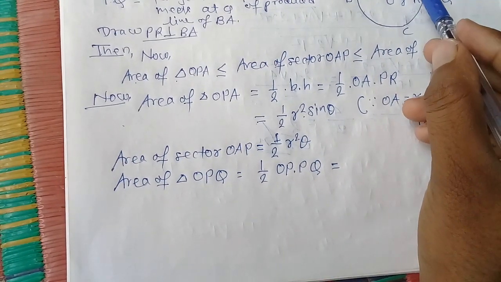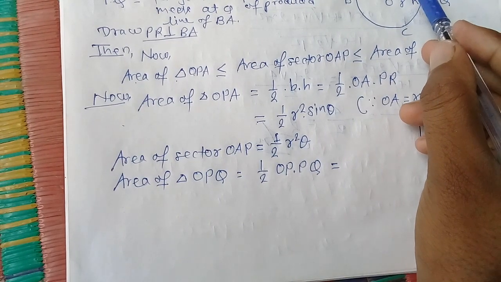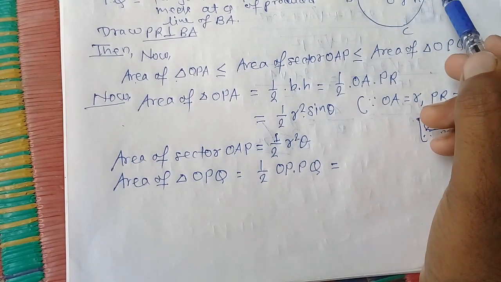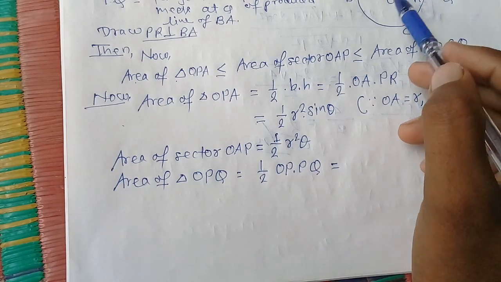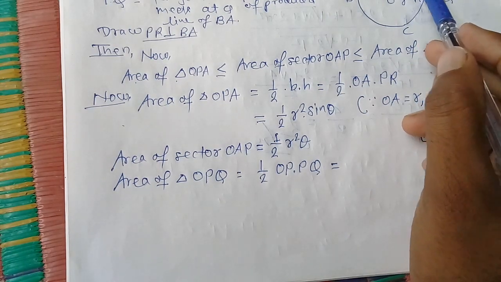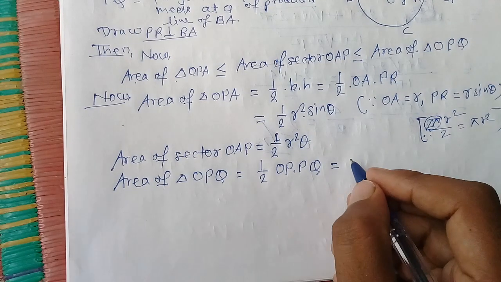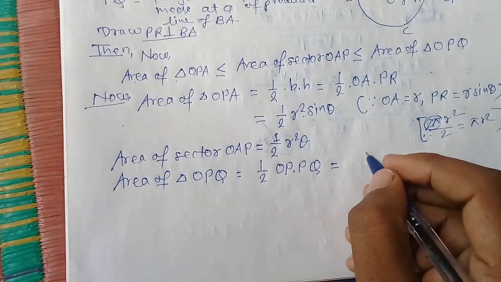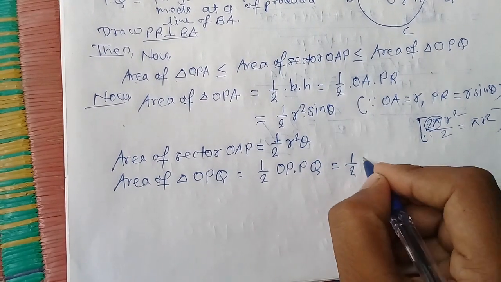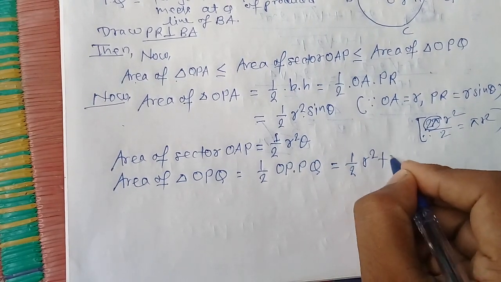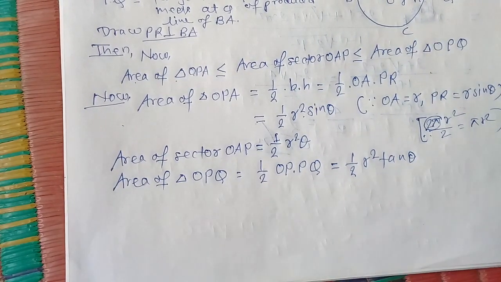OP is perpendicular, and the base is PQ, that is half into base into perpendicular. So the area is equal to half r square tan theta.